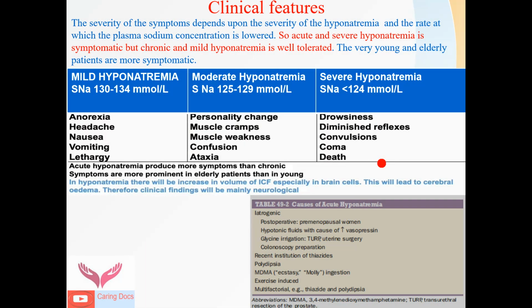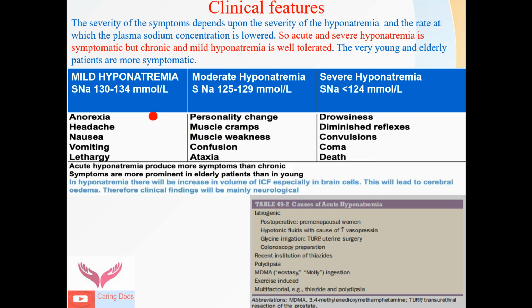The symptoms of hyponatremia can be categorized into symptoms with mild hyponatremia, symptoms with moderate hyponatremia, and symptoms with severe hyponatremia. Patients with mild hyponatremia will present with anorexia, headache, nausea, vomiting, lethargy.